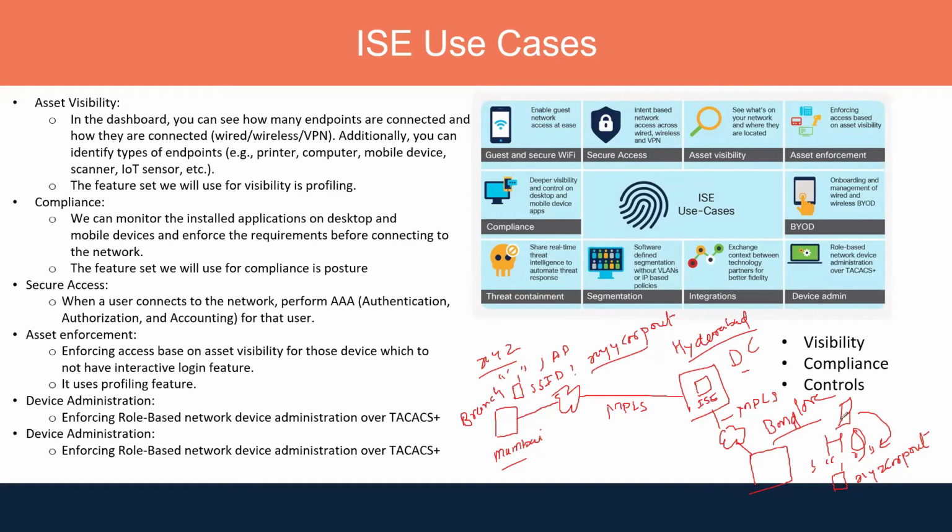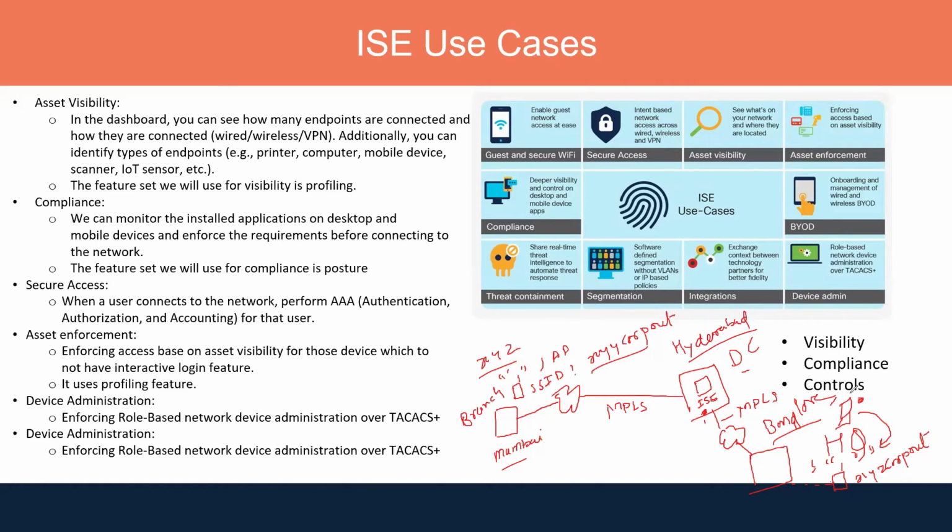Before connecting, he has to put in a username and password. When he provides them, the access point sends that to the wireless controller, and then the wireless controller redirects that to ISE. ISE checks its internal database, and based on that, it provides access to this user.